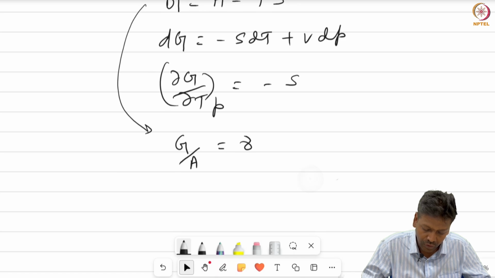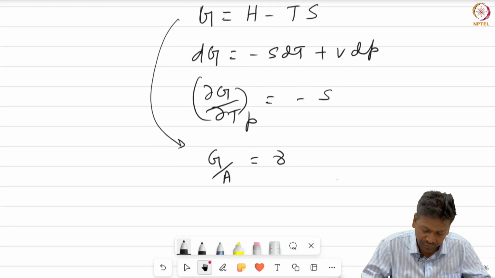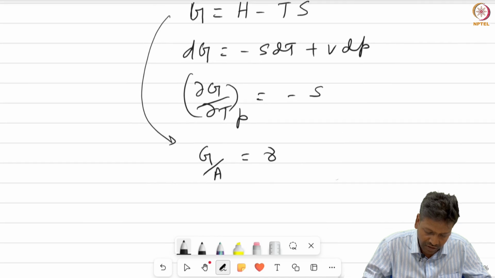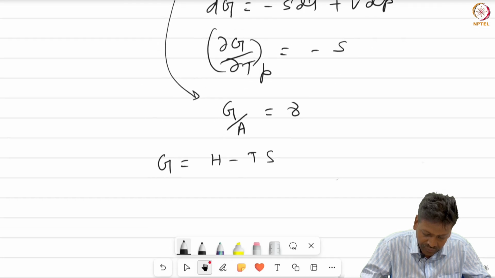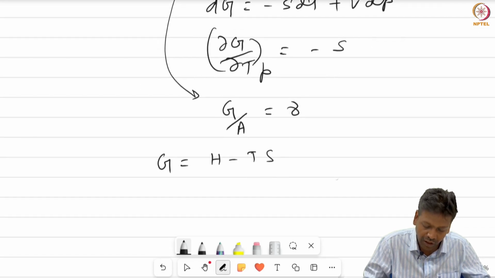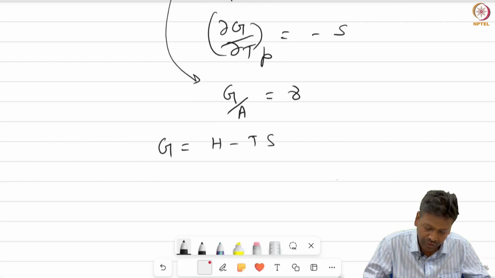So what we can do is revisit the equation that we mentioned here, that is G, which is nothing but H minus TS. I can slightly modify this equation so that I can bring this gamma into it.